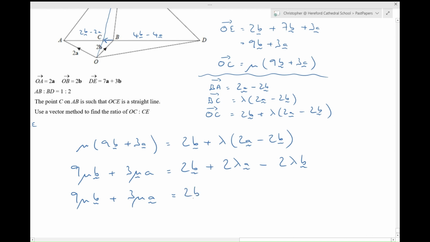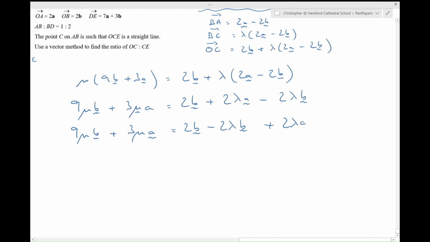I've got 2B minus 2 lambda B, and then I've got 2 lambda A. So if I make that a little clearer, 9 mu B plus 3 mu A equals, my coefficient on B as a whole is 2 minus 2 lambda, plus 2 lambda A. Now I can see by looking at my coefficients that the coefficients of A have to be the same.